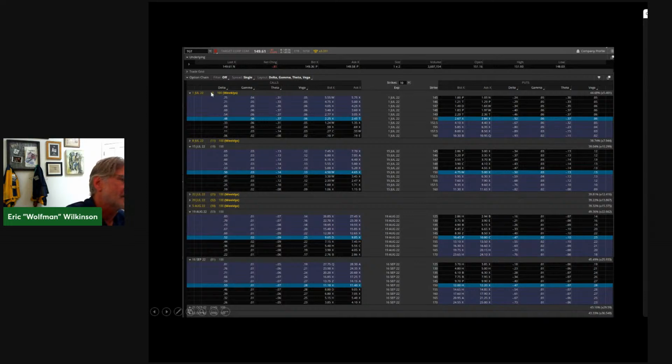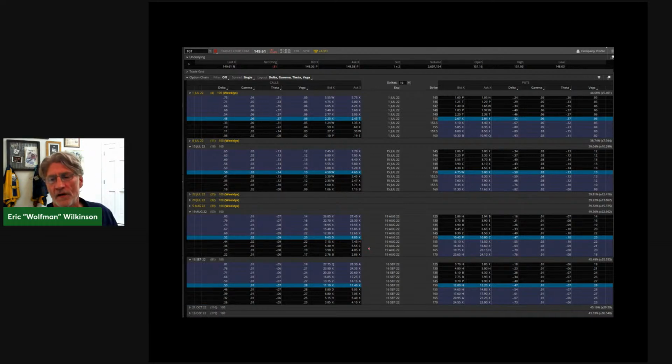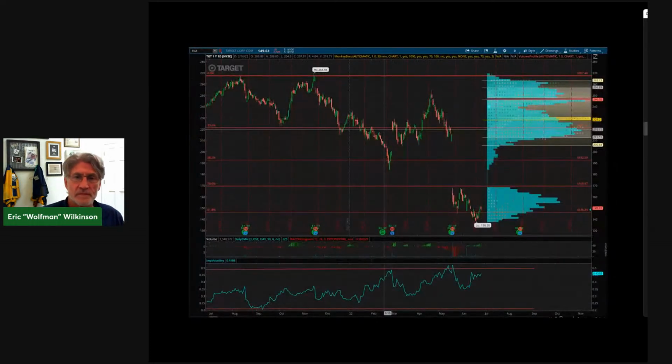All right, so here we go. Let's get to the real life examples here. We've got our target trade, or our target idea here. Now, by looking at the chart, I came up with my assumption.